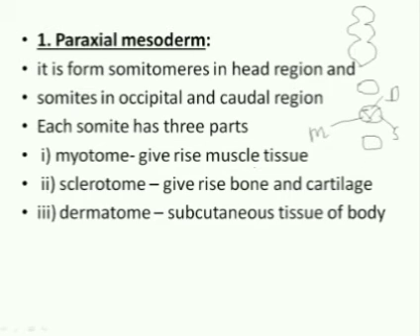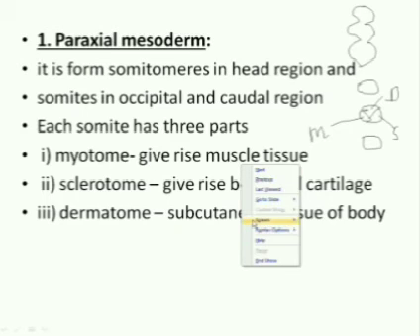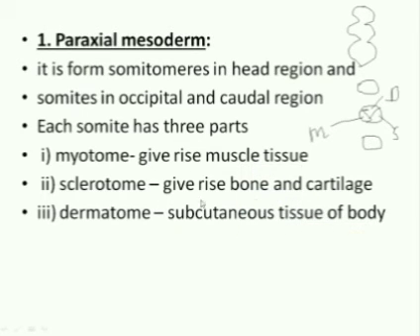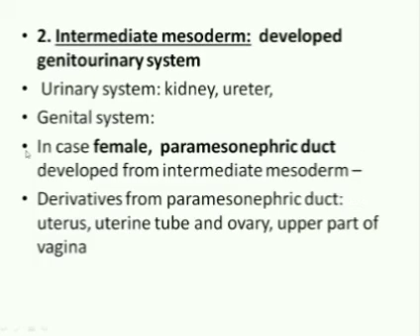Myotome gives rise to muscle, sclerotome gives rise to bones and cartilage, and dermatome to the subcutaneous tissue of the body. Intermediate mesoderm develops the genitourinary system. You have to remember this: for the genitourinary system, one mesoderm is responsible, the intermediate mesoderm.